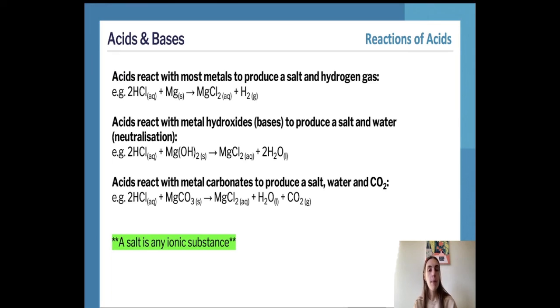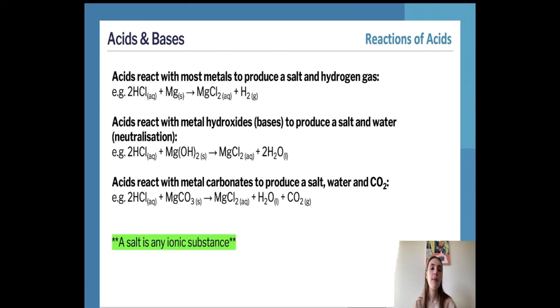We also have some important reactions of acids which we need to consider, and these are very important to remember. An important note is that salt is considered to be any ionic substance, so any ionic substance which is produced in a reaction is considered to be a type of salt. Our first reaction is that acids react with most metals to produce salt and hydrogen gas.